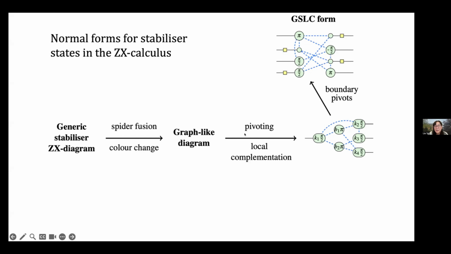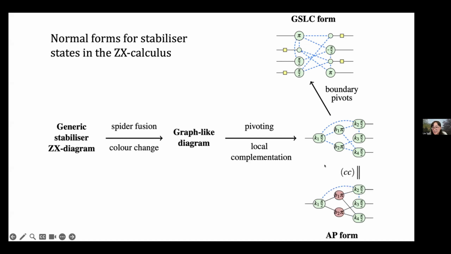One way to think about this pivoting operation is that it's similar to the Gaussian elimination that you would do if you wrote these diagrams in a Tableau form. We can say more about the Tableau equivalent of GSLC form in a bit.